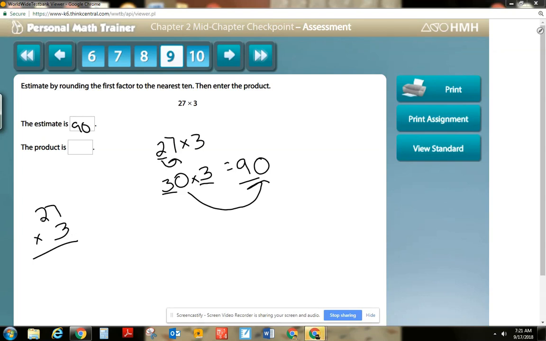So you could do 3 times 20 and 3 times 7. Right? 3 times 20 is 60. 3 times 7 is 21. Add those together, we get 81. Could also do it this way. 3 times 20 is 6 tens. 3 times 7 is 21.